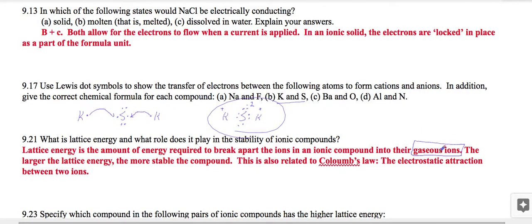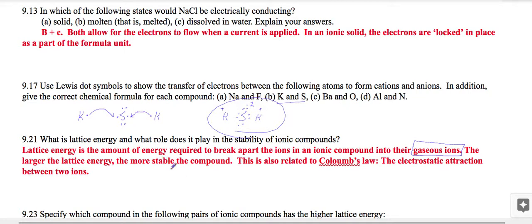If they're gaseous, we know that there aren't going to be any other kinds of attractive or repulsive forces, and so we know that the amount of energy required to do that is going to be the same kind of energy for any kind of element involved, as we have that common gaseous ion piece to it. This is also related to Coulomb's law, which is the electrostatic attraction between two ions.